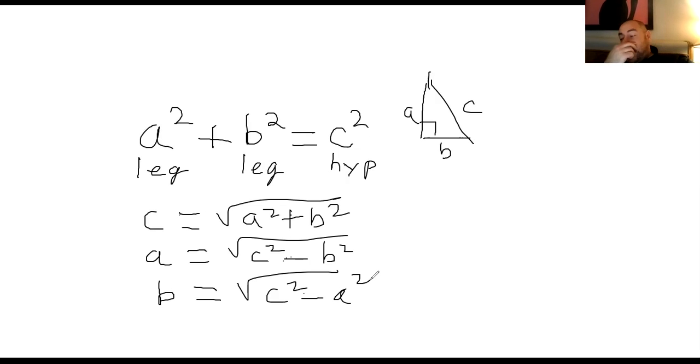So that is the Pythagorean theorem in all its glory.